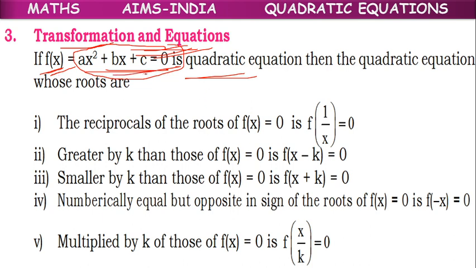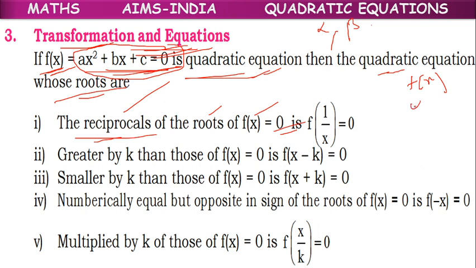If f of x is a quadratic equation, then the quadratic equation whose roots are, for this quadratic equation, alpha and beta are the roots. Now the quadratic equation whose roots are reciprocals of the given roots of f of x is how much? The given quadratic equation is f of x whose roots are alpha comma beta.